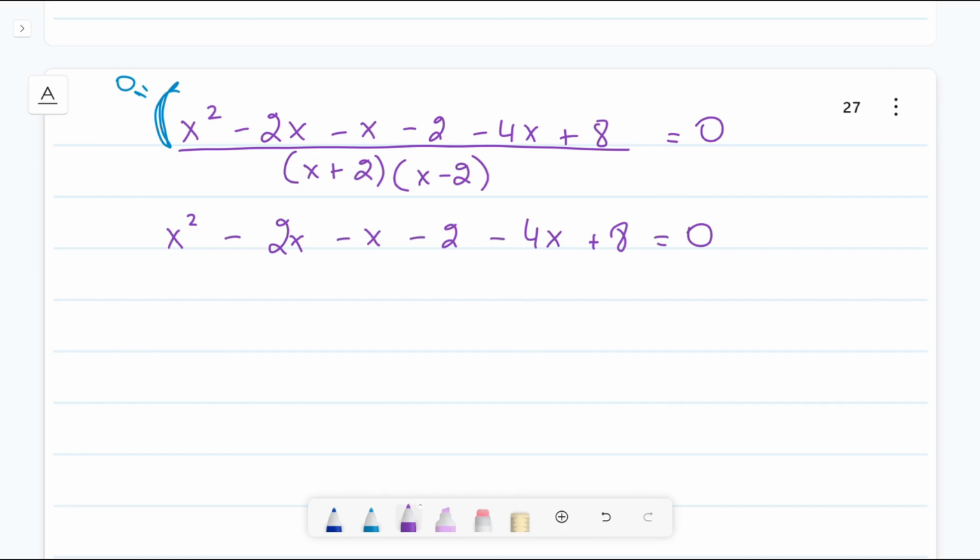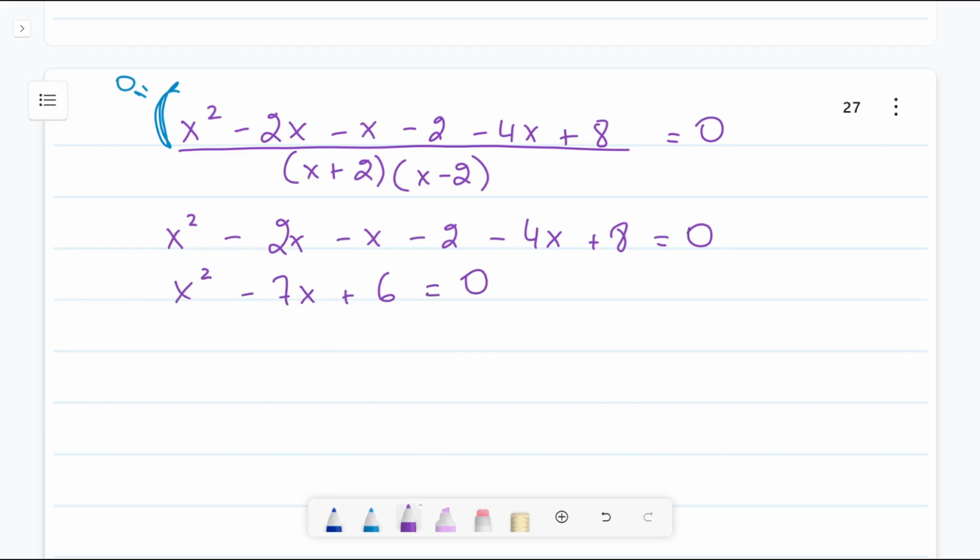Now we can combine like terms. This is a polynomial now. So x squared, we have minus 2x, minus x, and minus 4x. So this gives us minus 7x. And now we have 8 minus 2, which is plus 6 equals to 0.